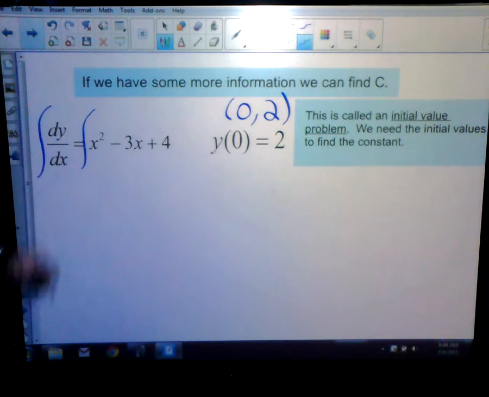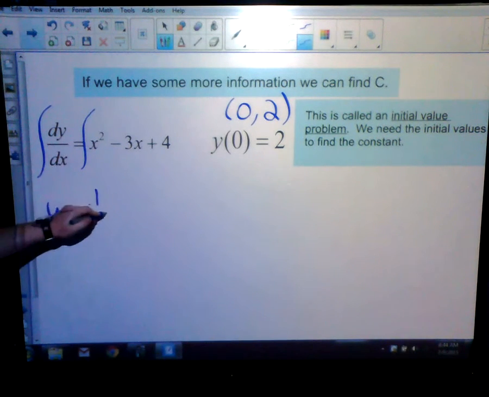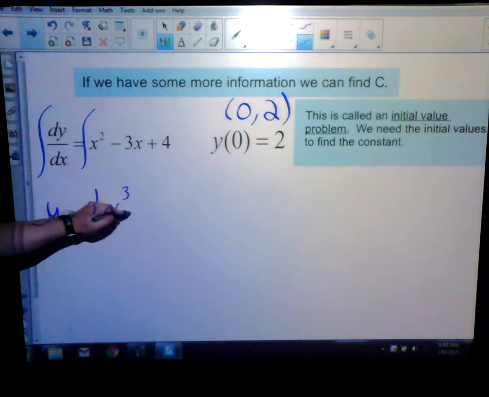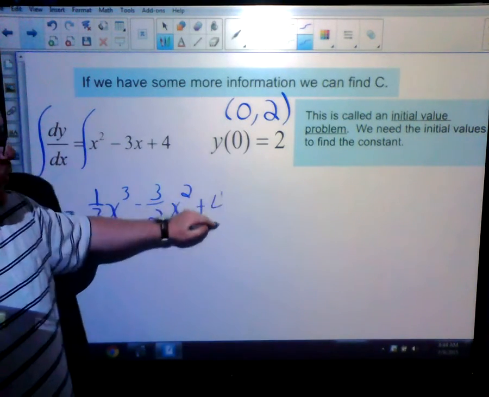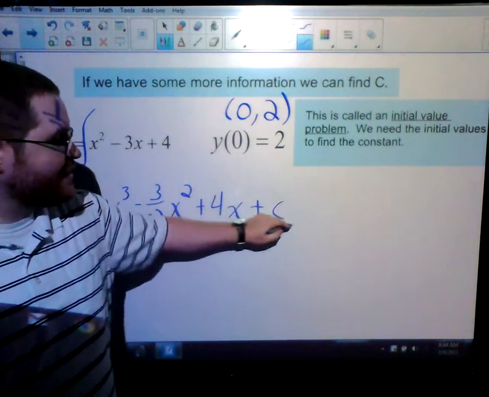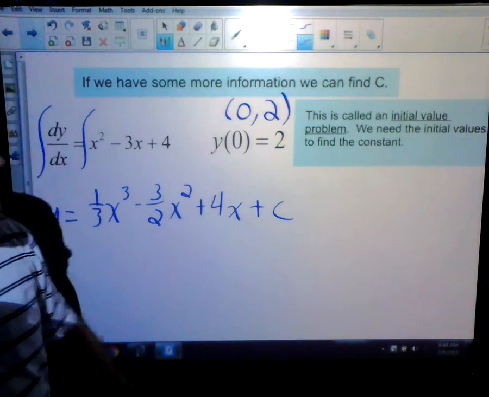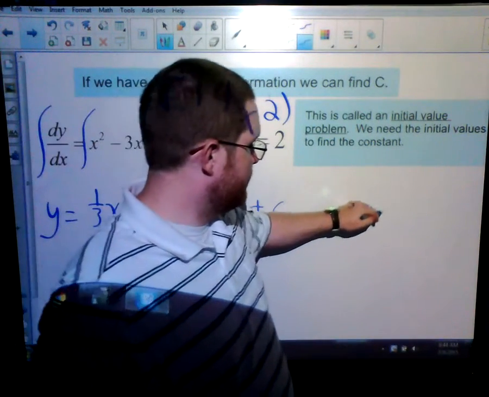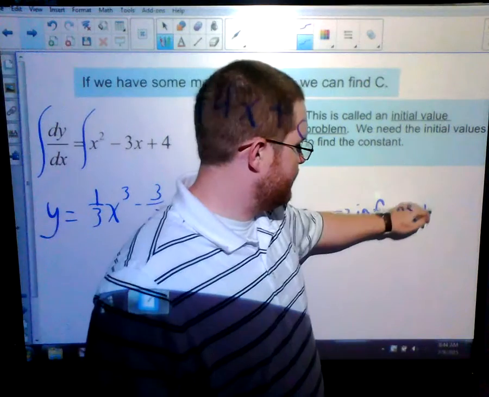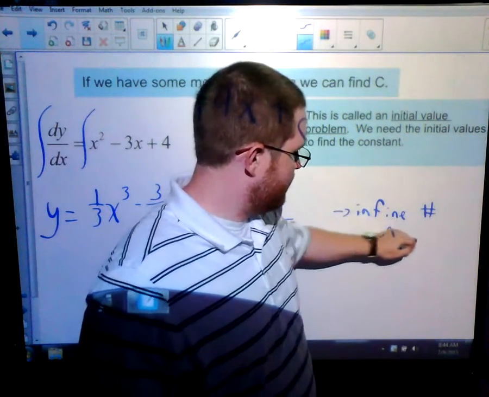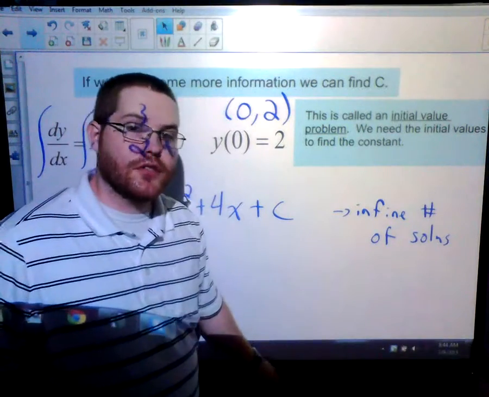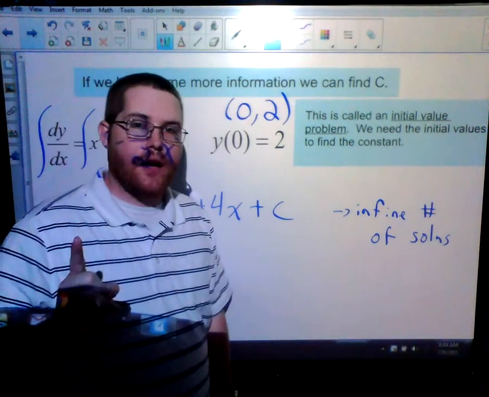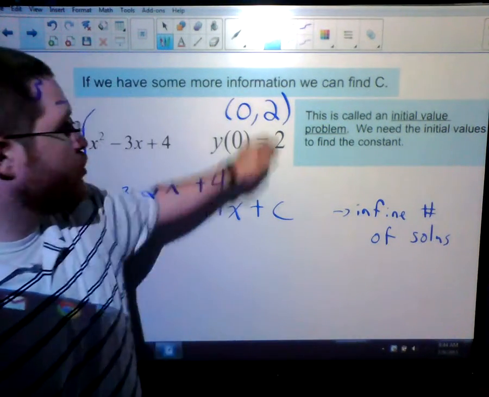What's the integral of dy dx? It's y. 1/3 x cubed minus 3 halves x squared plus 4x plus c. This is an infinite number of solutions. But I don't want an infinite number of solutions. I want the one graph, the one solution that goes through that point.